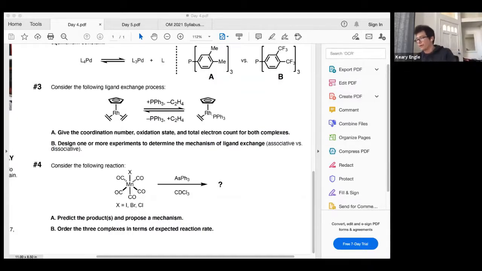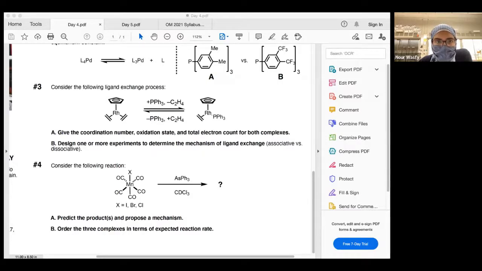Okay, Noor, are you there? Yep. So what would you expect the product here to be? Or products? Well, I guess looking at it, it's going to be a substitution. Yep, the obvious part. So it's an 18 electron complex, so it should be a dissociative mechanism.